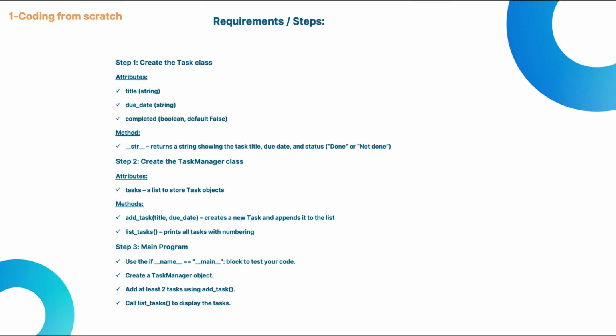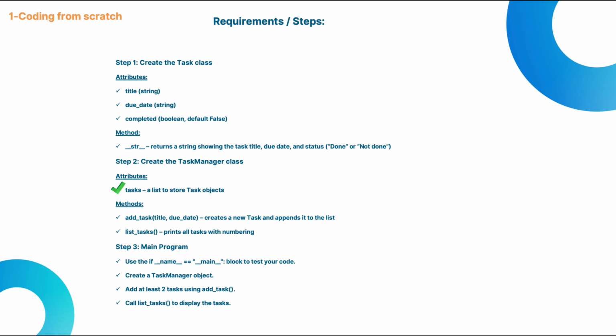Here's how we will do it step by step. First step, create the Task class with three attributes, title, due date, and completed, which starts as False. Add a __str__ method to return a readable string showing the task and its status. Step 2, create the TaskManager class.